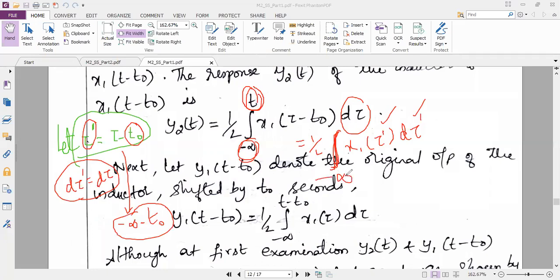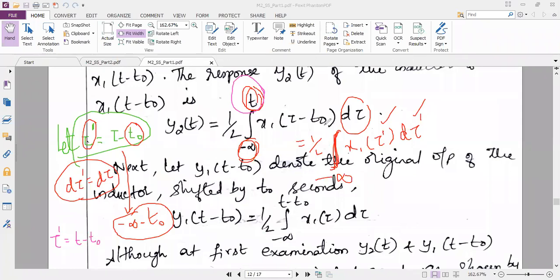The t naught value is very small, so I will retain my lower limit as minus infinity only. Then I have to change the upper limit. When I substitute, my tau dash will be equal to t minus t naught. My upper limit is tau dash equal to t minus t naught.